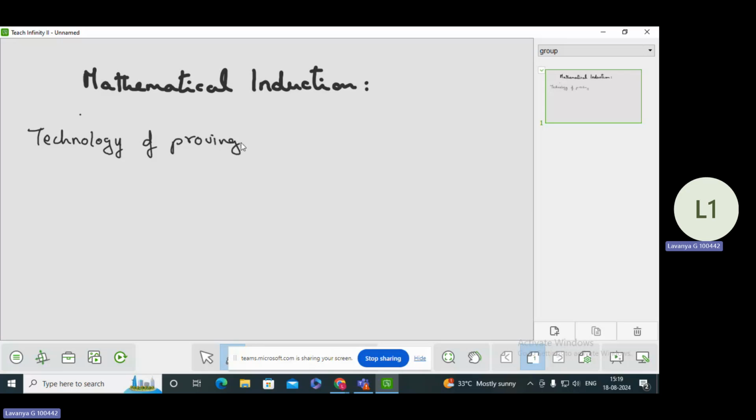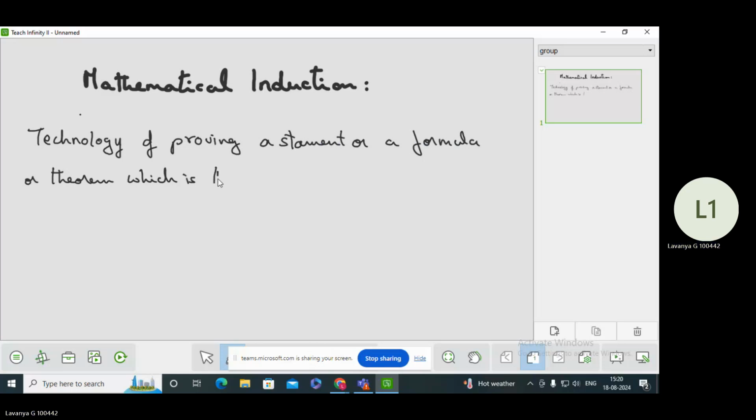So it is a technology for proving a statement or a formula or a theorem which is thought to be true for every natural number n.